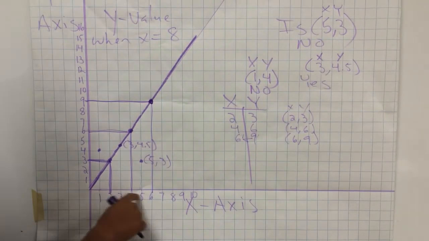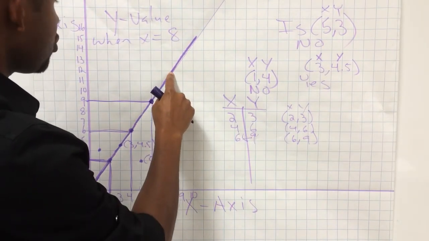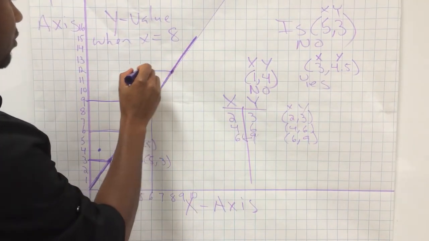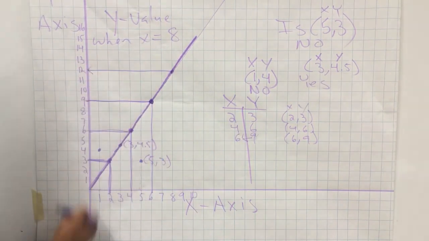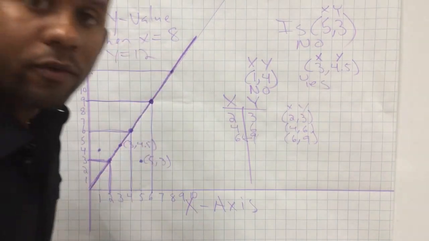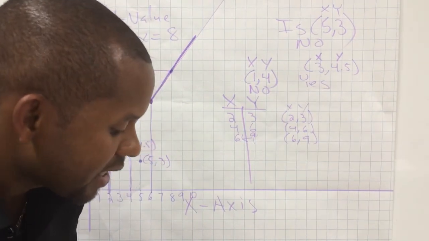So I say, okay, well, let me go to 8 on the x-axis. When I go to 8 on the x and I go all the way up, oh, looks like right here is where I cross. What's my y value? My y value looks to be y equals 12. So I see that y equals 12 when x is 8.